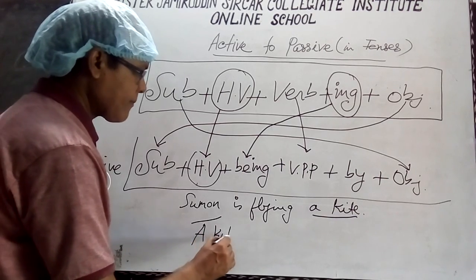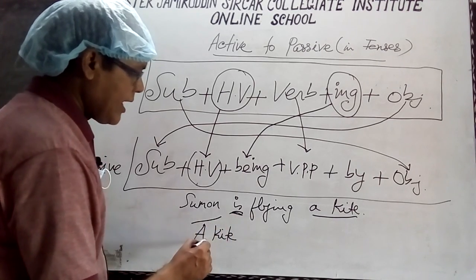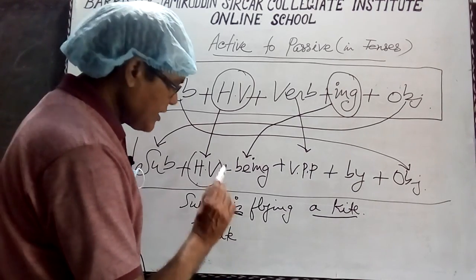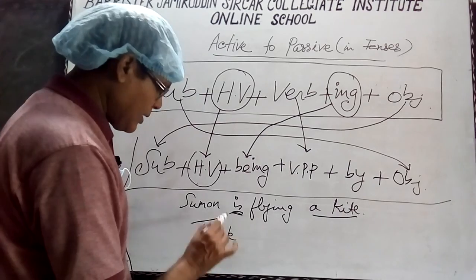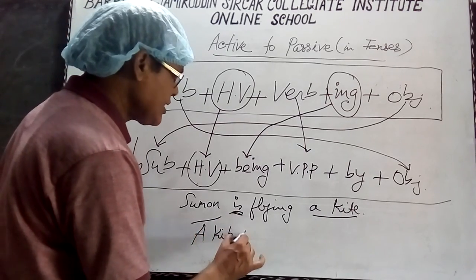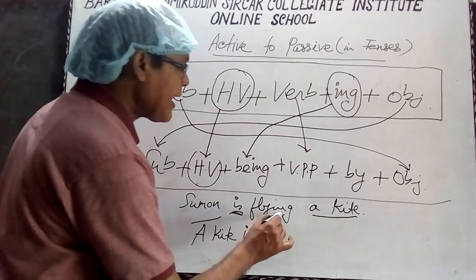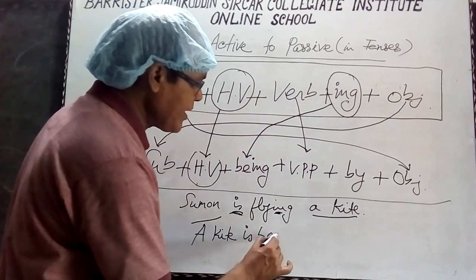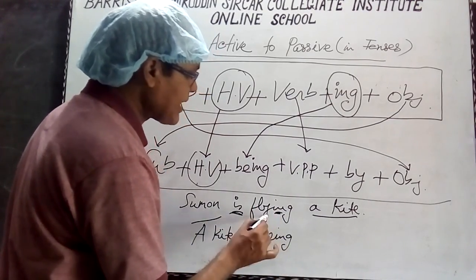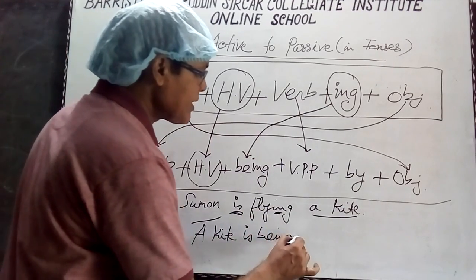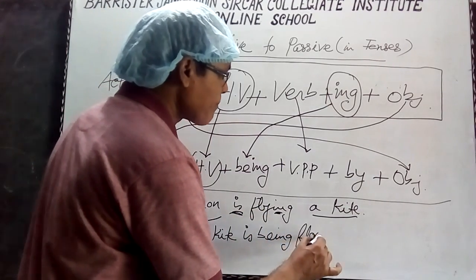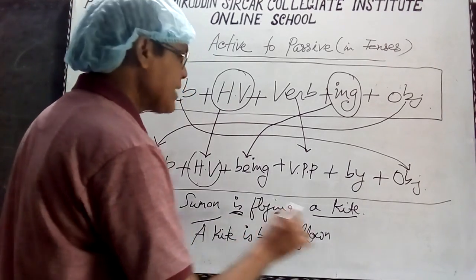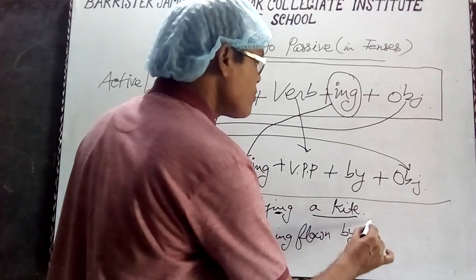Here is, according to person, a kite is a singular noun, third person singular. So is will be here, and as there is ing, is takes being, and the verb will be in the past participle form, flown. A kite is being flown by Suman.